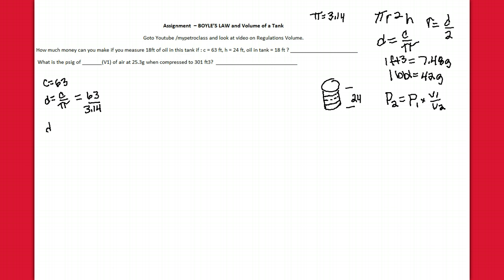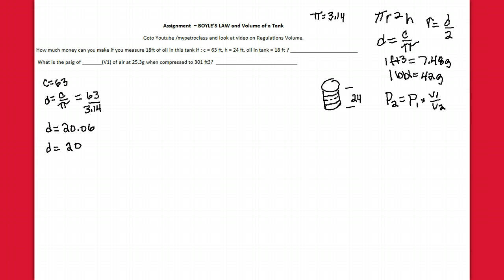So D is equal to 20.06. All right, we probably need to go ahead and round that. I'm sorry, I'm just a rounding person. We'll go ahead and round that.